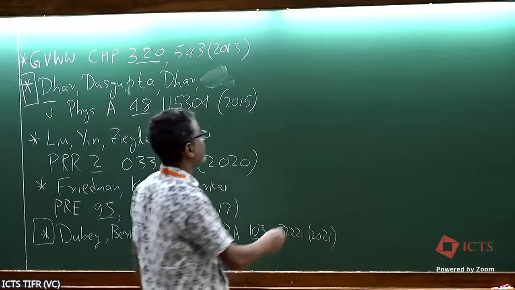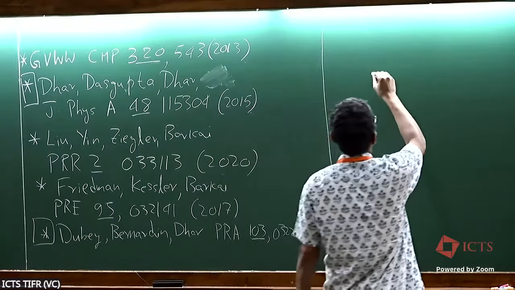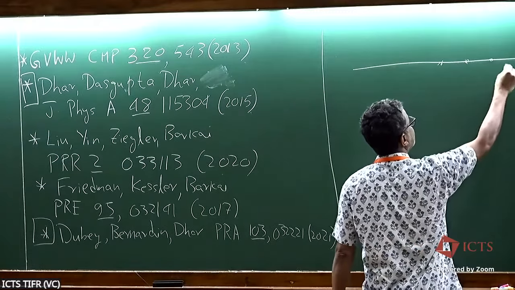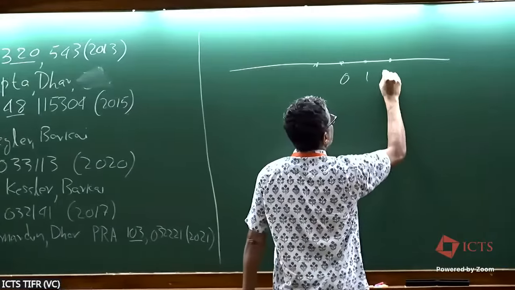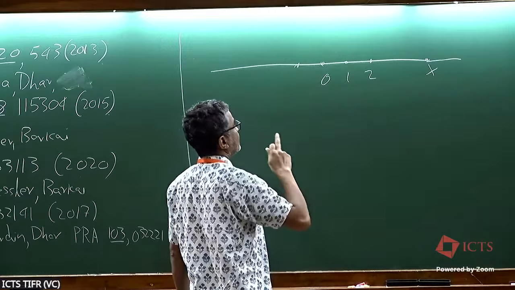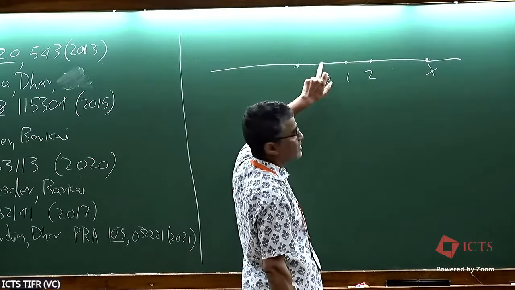So first, let me start with where we stopped yesterday. So yesterday we were discussing the infinite lattice. Right, and we make repeated measurements and ask, the particle starts from here.